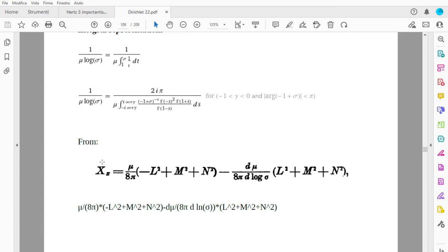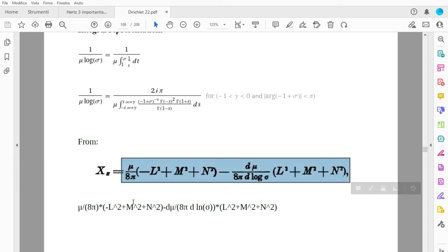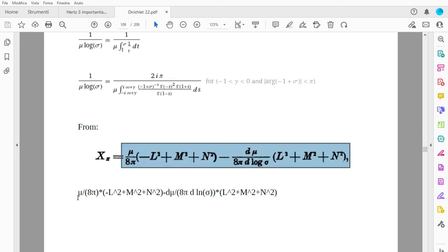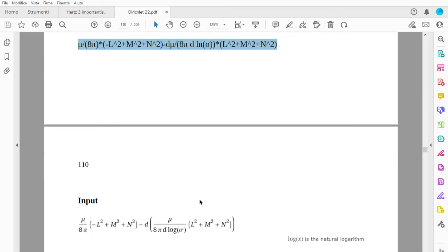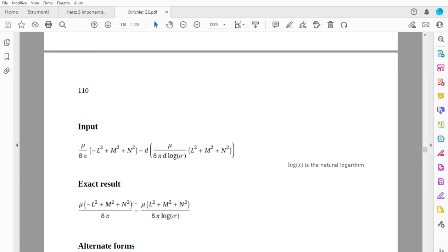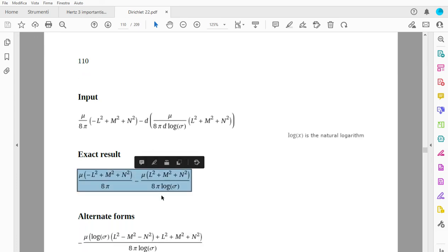Now, from the first equation, we take that is this expression, and obtain this result. Also here the study of the function.